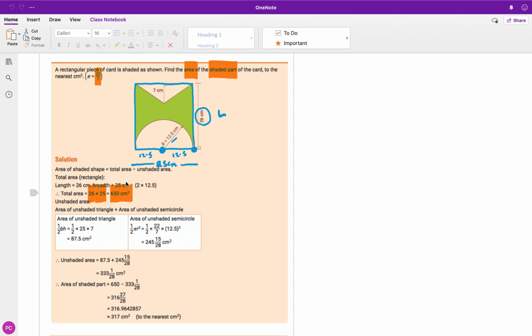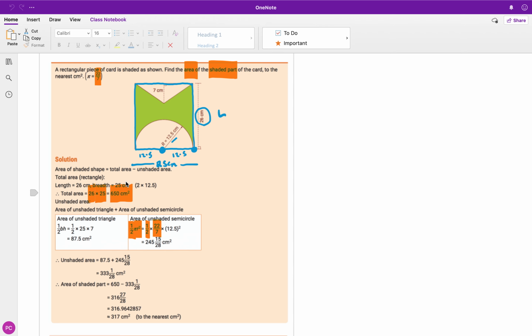Let's start with this semicircle here. If we take the semicircle part, you know that the area of a circle is pi r squared. But it's a semicircle, so it's going to be a half pi r squared. And they told us to take pi as 22/7 up the top there.